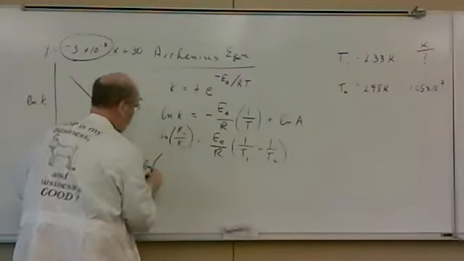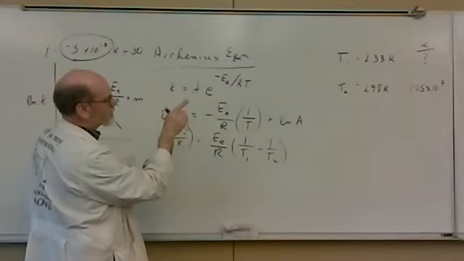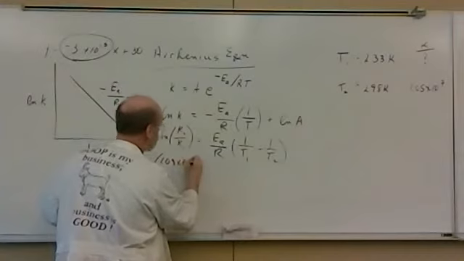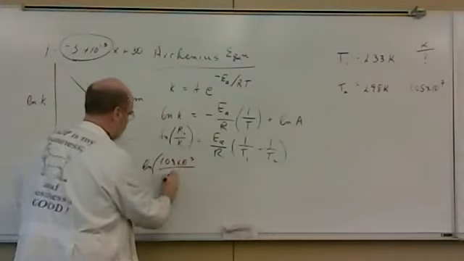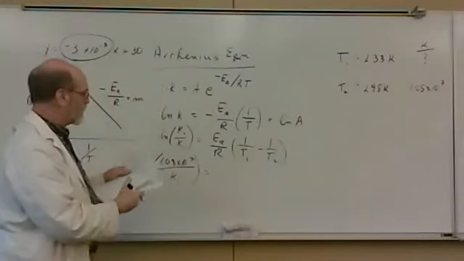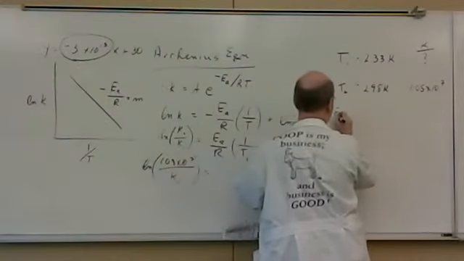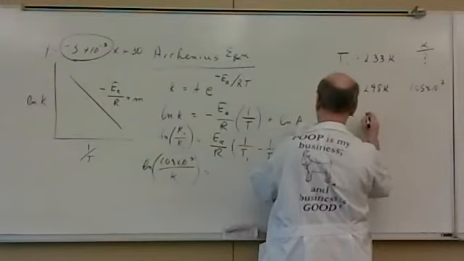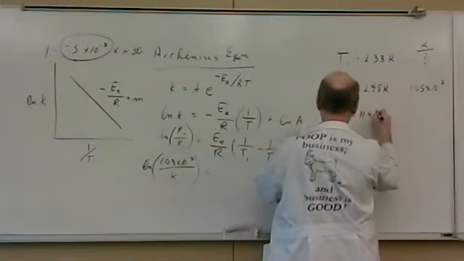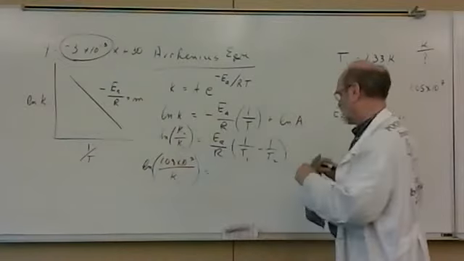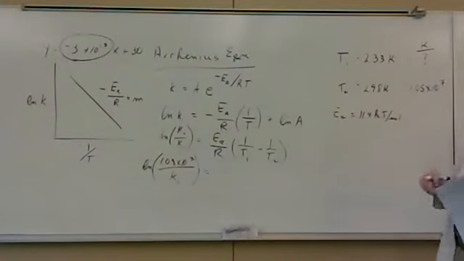Now if we do the log of K2, which is 1.08 times 10 to the 7, divided by K1. That's our unknown. And we're given the activation energy. Activation energy is given as 11.4 kilojoules per mole. Okay, here's where you could mess up.